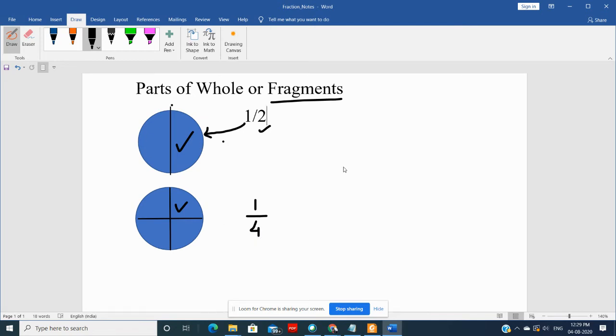So in maths, fractions are written like this: 1 upon 2, where this 1 is called the numerator, and this 2 is called the denominator.